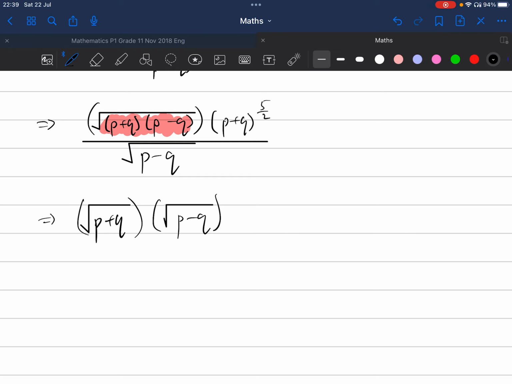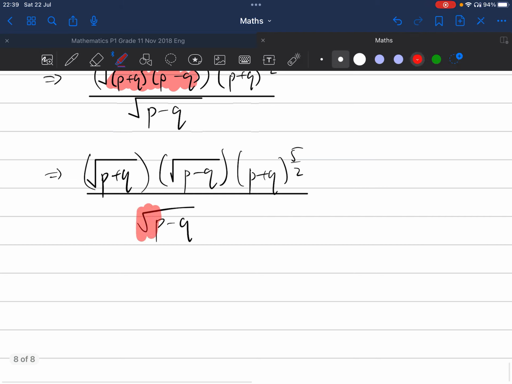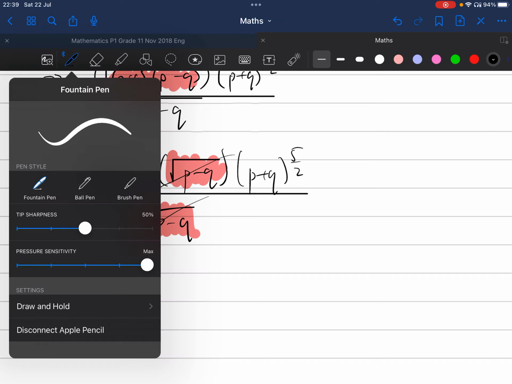So I just took this and broke it down into these two parts. And this remained the same, so I'll just bring that down. (P plus q) to the power 5 over 2. And at the bottom we had the root of p minus q. Now if you look at this whole thing, the root of p minus q here and the root of p minus q there, those are common, so I can just cancel it out.